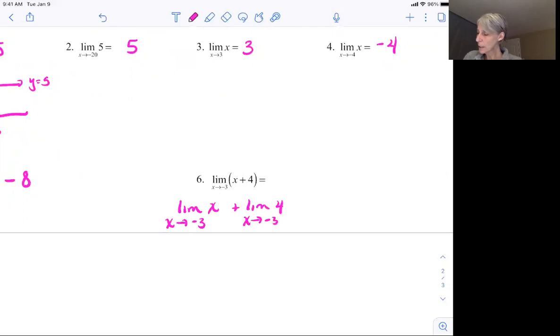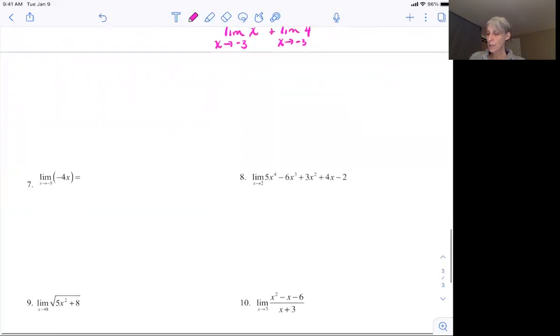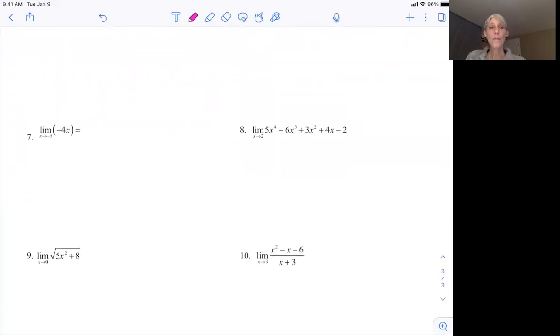No, we can simply just plug into the function. And that's why evaluating limits is so easy. The limit as x approaches -5, remember, just plug in. -4 times -5 equals 20.